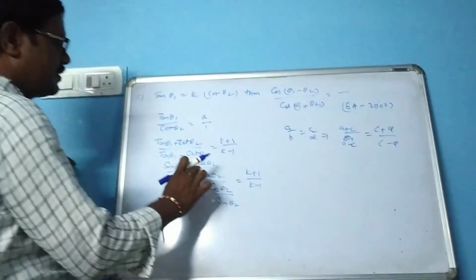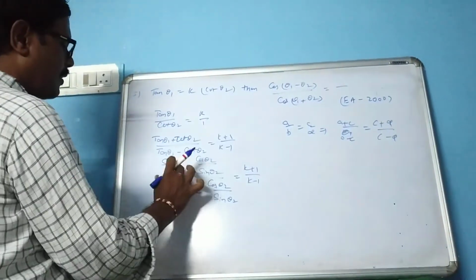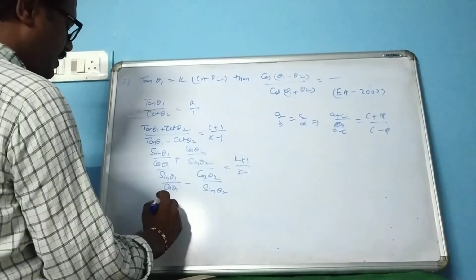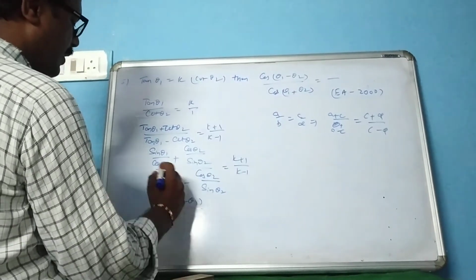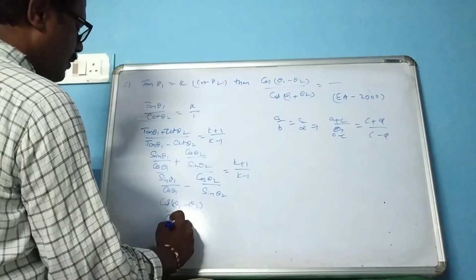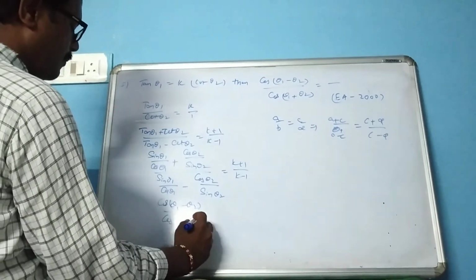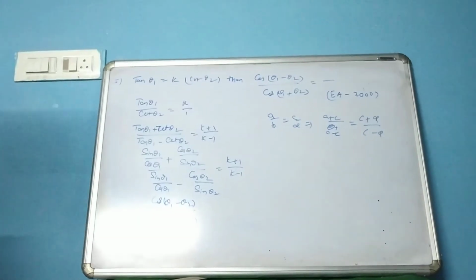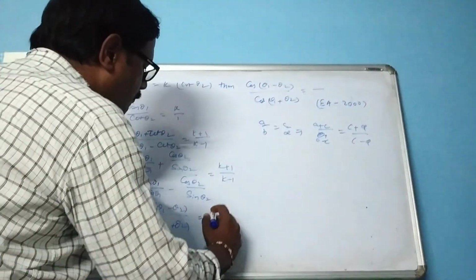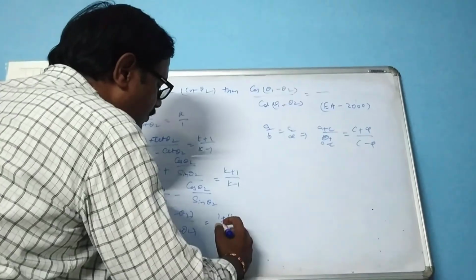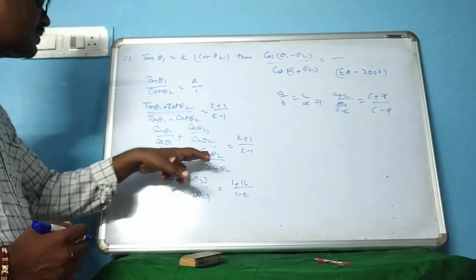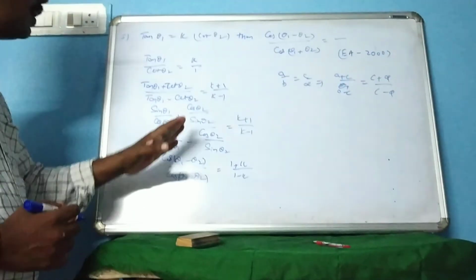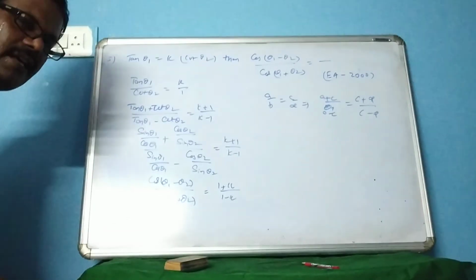On taking LCM, this is cos (theta 1 plus theta 2) divided by cos (theta 1 minus theta 2), which on simplification is equal to (1 plus k) by (1 minus k).